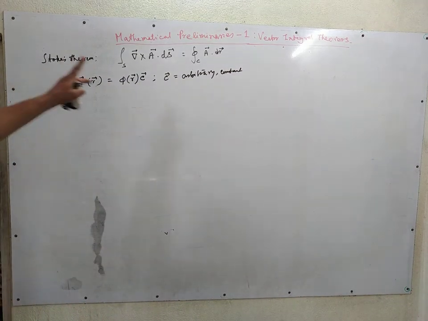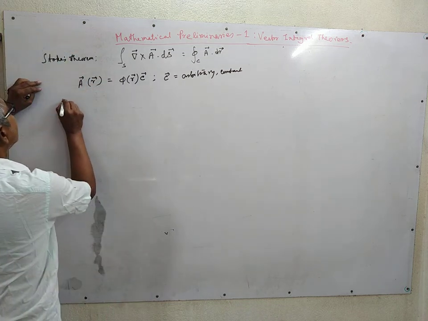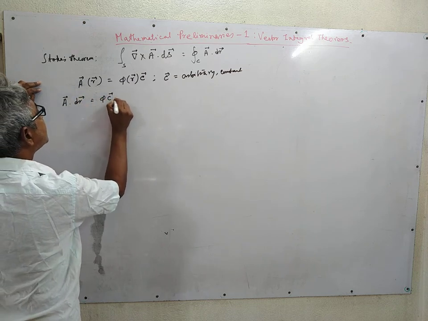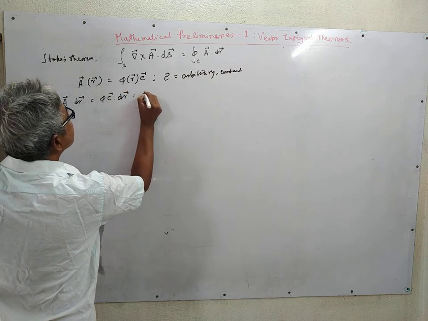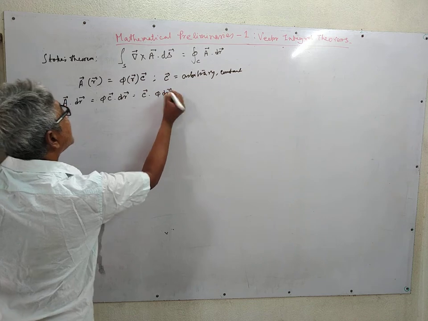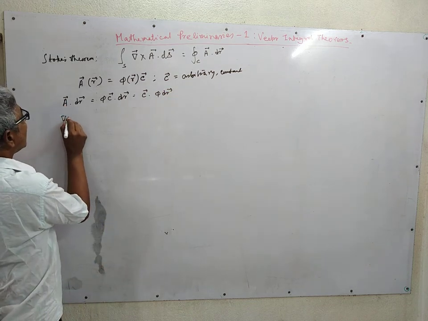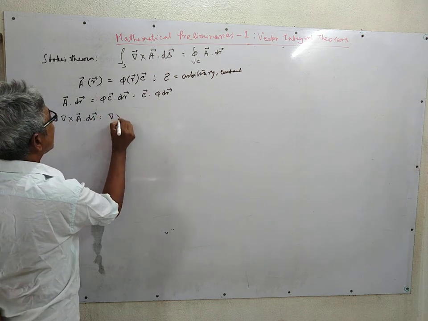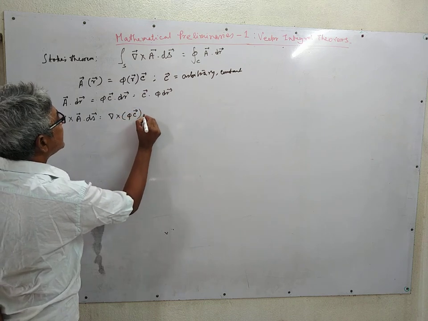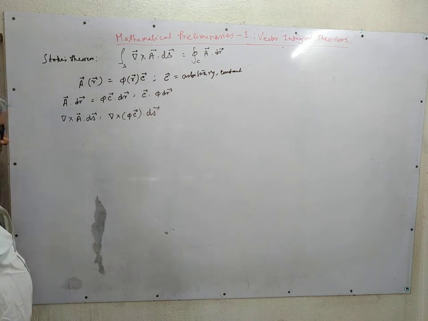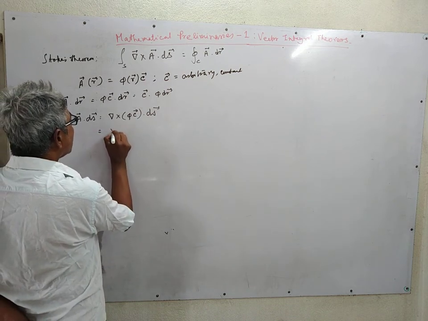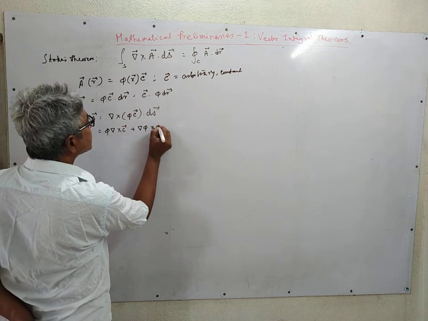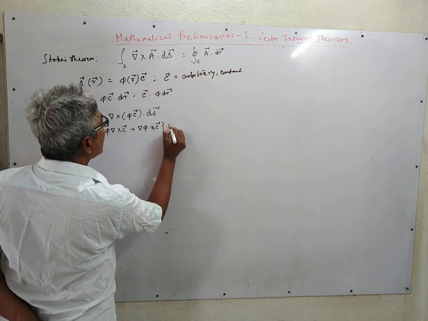Then A dot dr can be written as phi times C dot dr, which we write as C dot phi dr. Coming to the left hand side, it is curl of phi C dot ds, which is phi times curl of C plus grad phi cross C, dot ds.